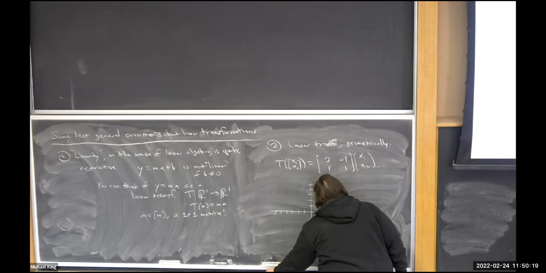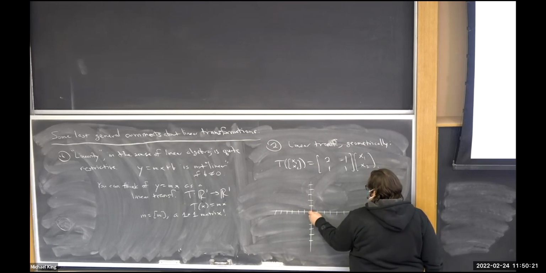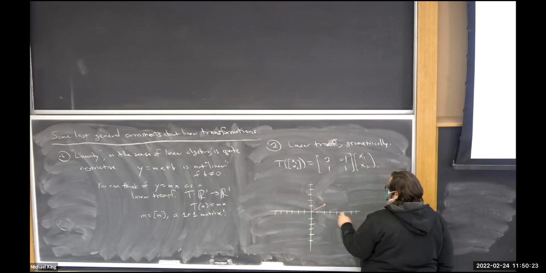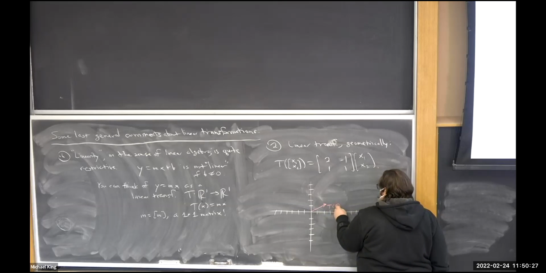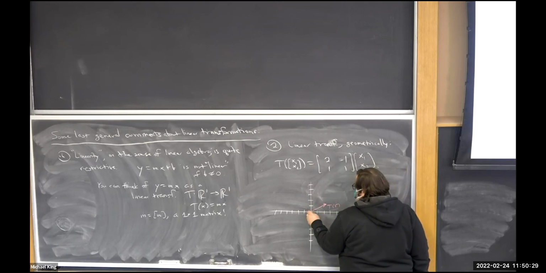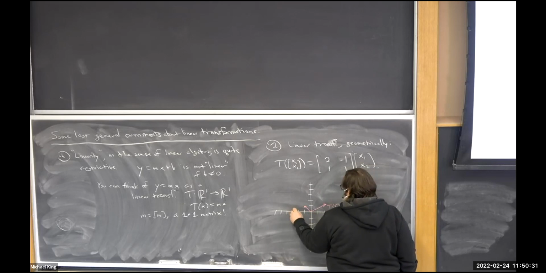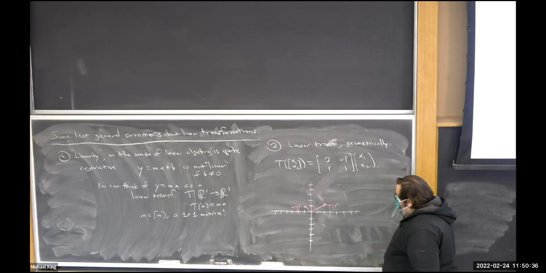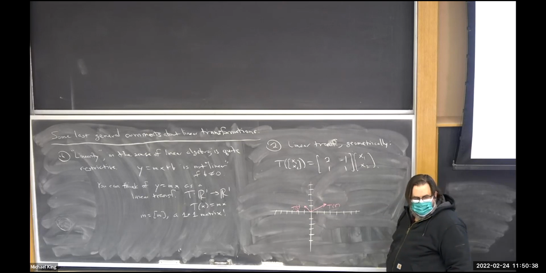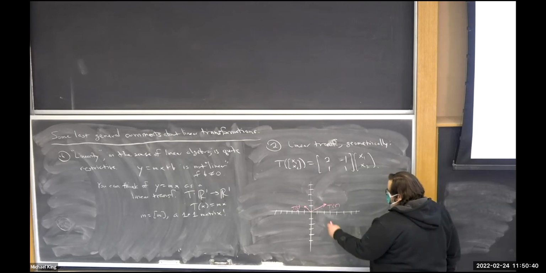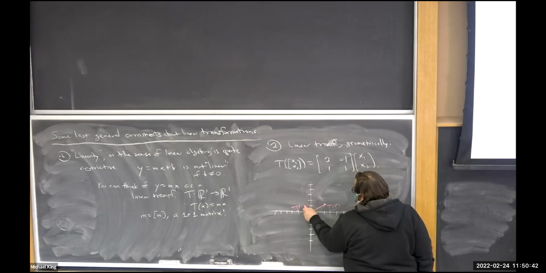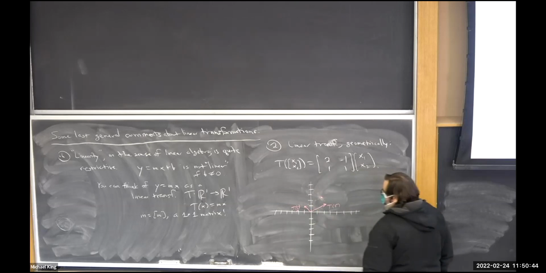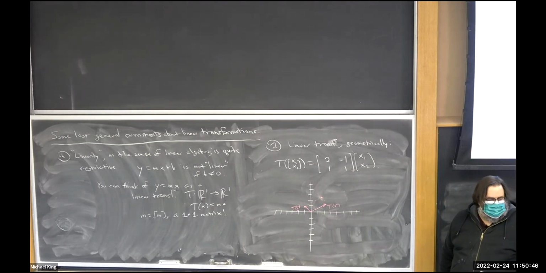Okay, so T of i, T of (1, 0), is right there, (2, 1). T of j is (-1, 1), right there. And so for example, you can think about what T of i plus j is. Because of linearity, it's going to be the other side of this parallelogram right there. That's going to be the tip of T of i plus j.